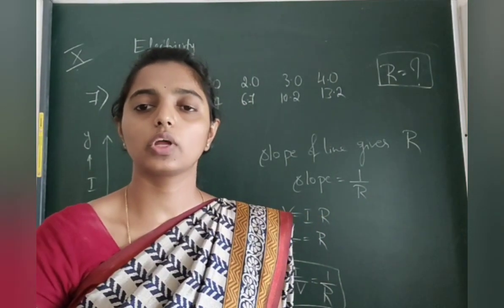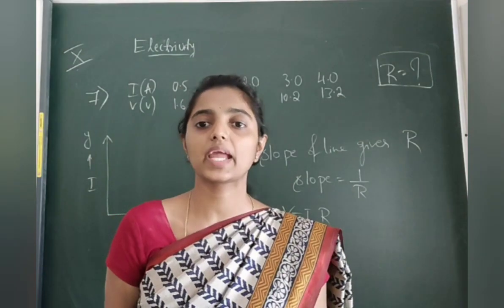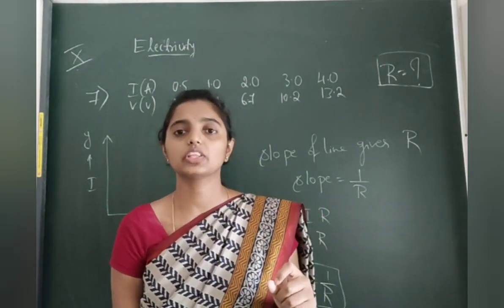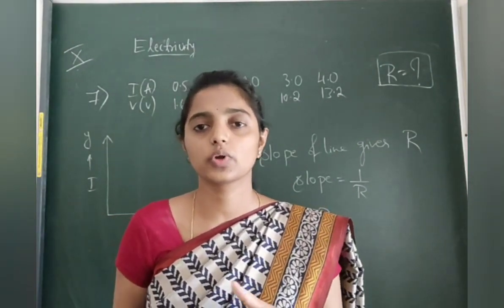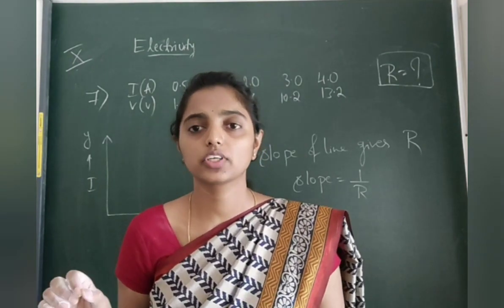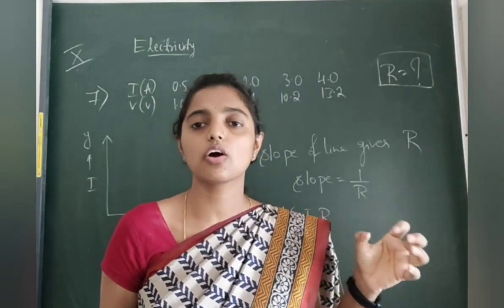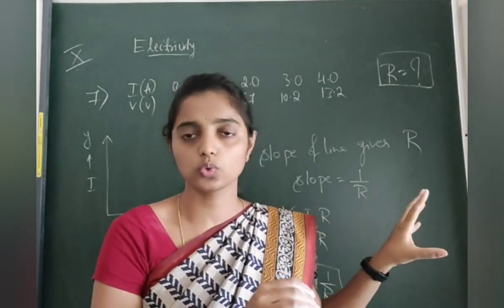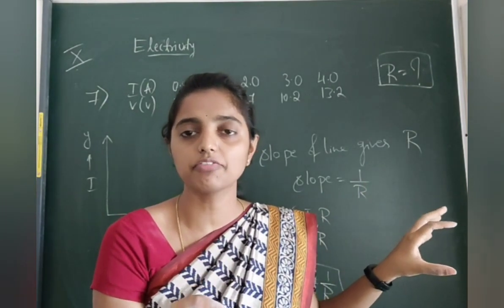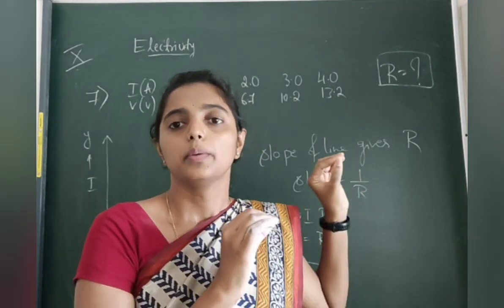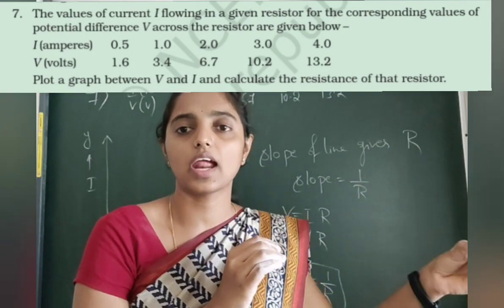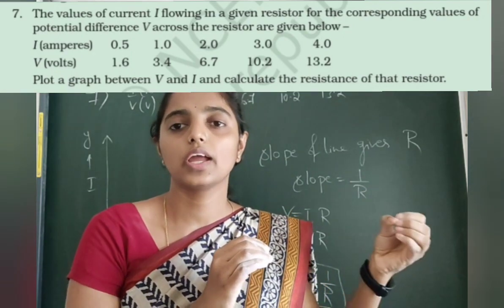The 18th question in the exercise I am giving as homework. So today I am giving one question for homework from the exercise part, that is the 7th question, where you need to use one graph sheet. Okay, so prepare one graph sheet. I'll just summarize how you need to do it. I won't do it here because you need to use a graph. Based on this procedure, using the graph sheet, do it on your own and you need to submit it to me.